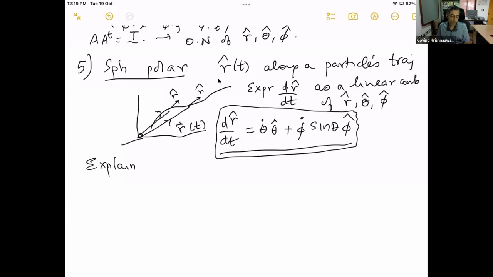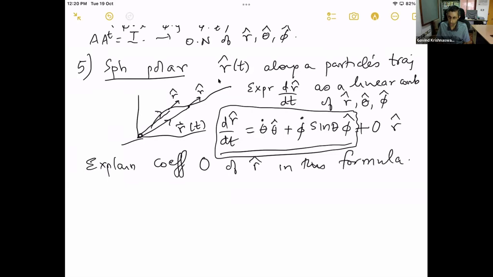the coefficient of r hat here. So the coefficient of r hat is 0 in this case. So we want to explain the coefficient 0 of r hat in this formula. Several of you have got it, but I do want to clarify the matter and give the reasoning why it is 0.